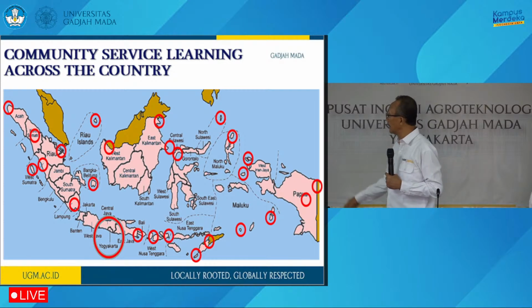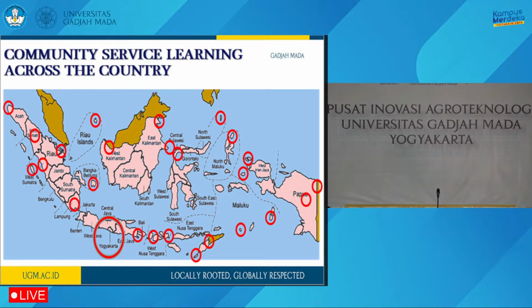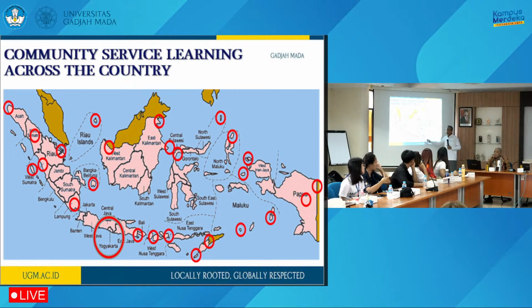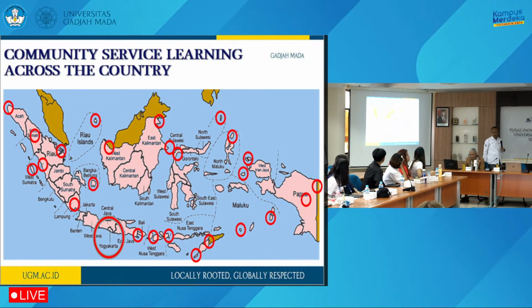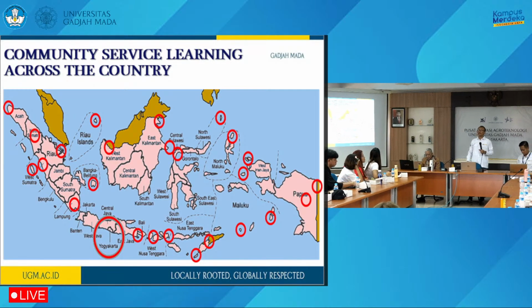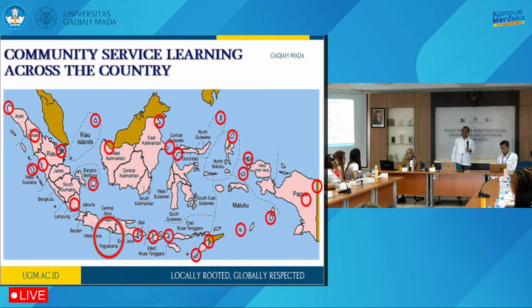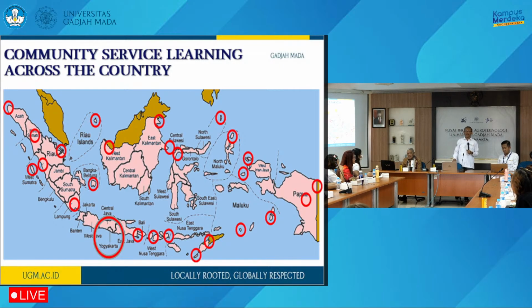We are here in Yogyakarta, but we send students to the border of Papua New Guinea, the border with Timor-Leste, the border with Malaysia, the border with the Philippines. I think we have no border with Thailand. That is why I cannot send them. If I had, then I could send them to the border with Thailand.